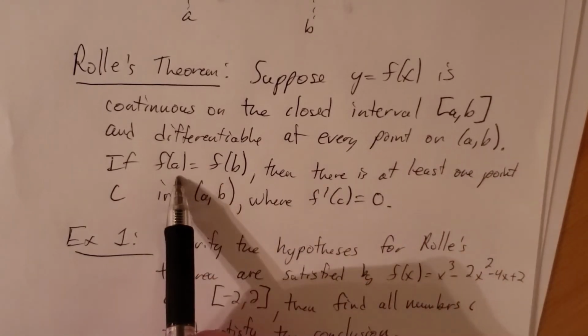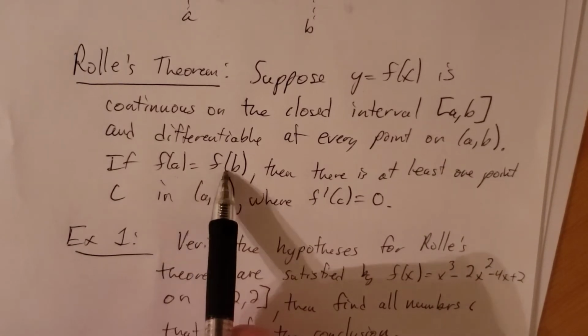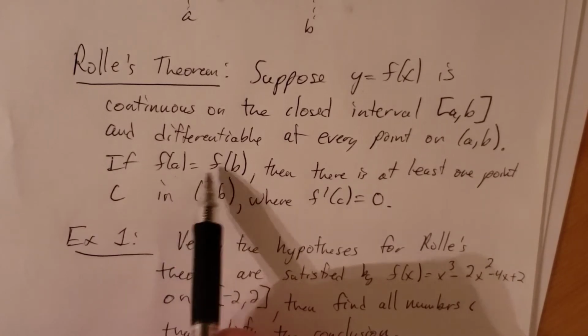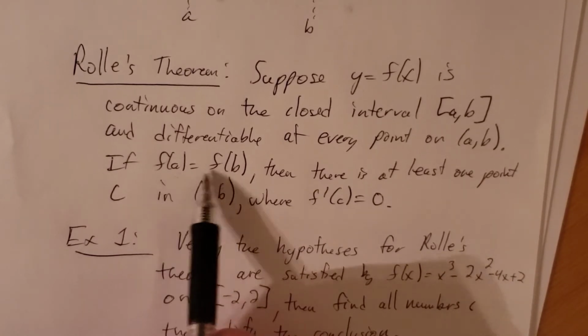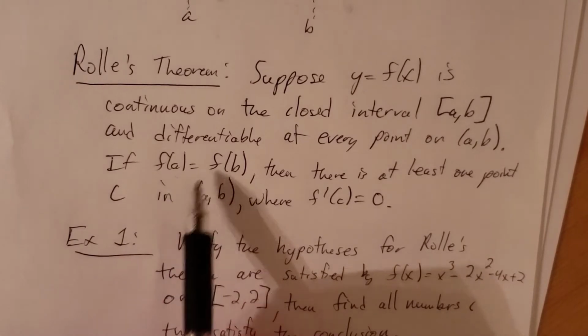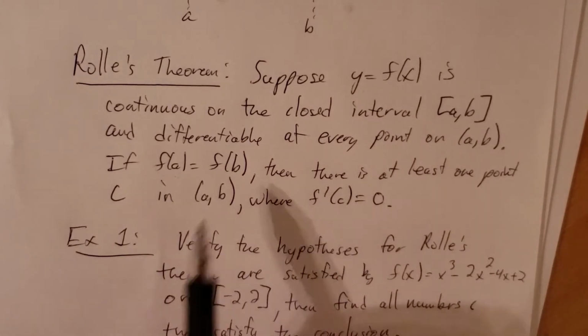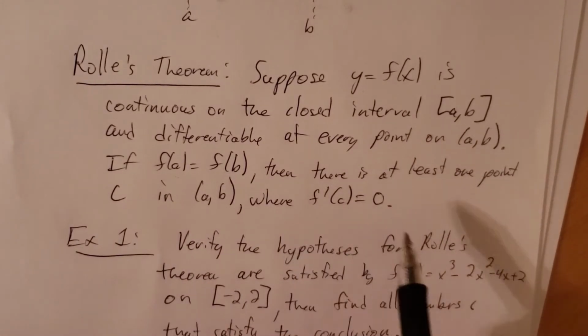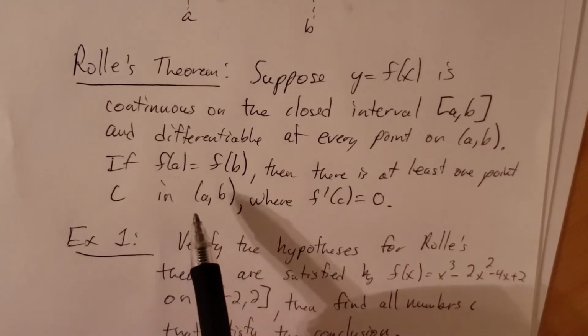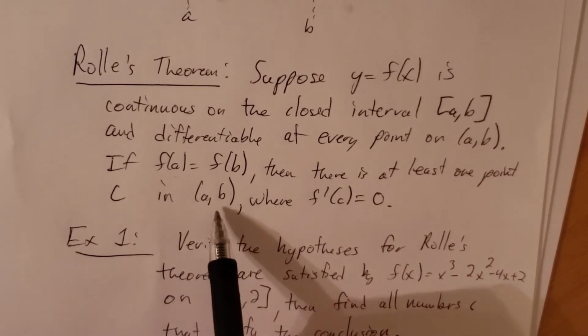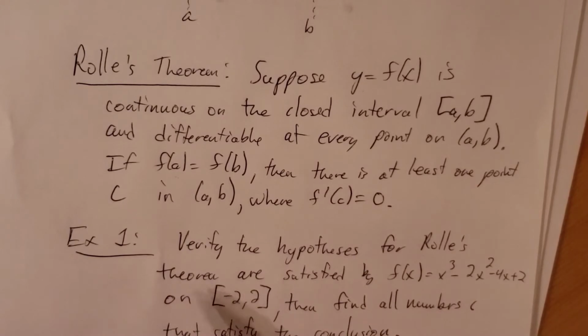And the third hypothesis is that f of a is equal to f of b. So when we plug in the endpoints into our function, those are equal. In other words, we have a horizontal secant line between those 2 points on our graph. If all three of those things occur, then we know there exists at least one place on the interior where the derivative is 0.